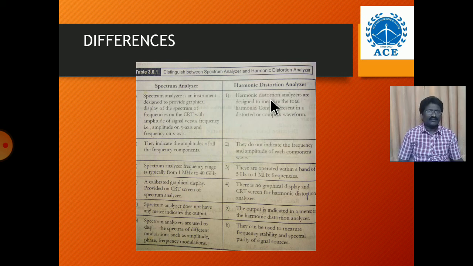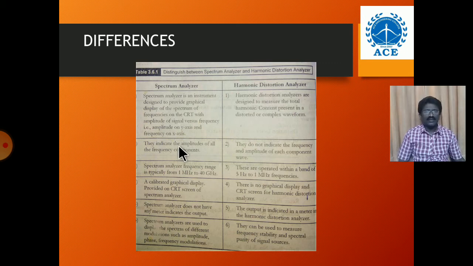Every complex waveform is a combination of different values of harmonic components. Finally, combining them, we get the total harmonic value.